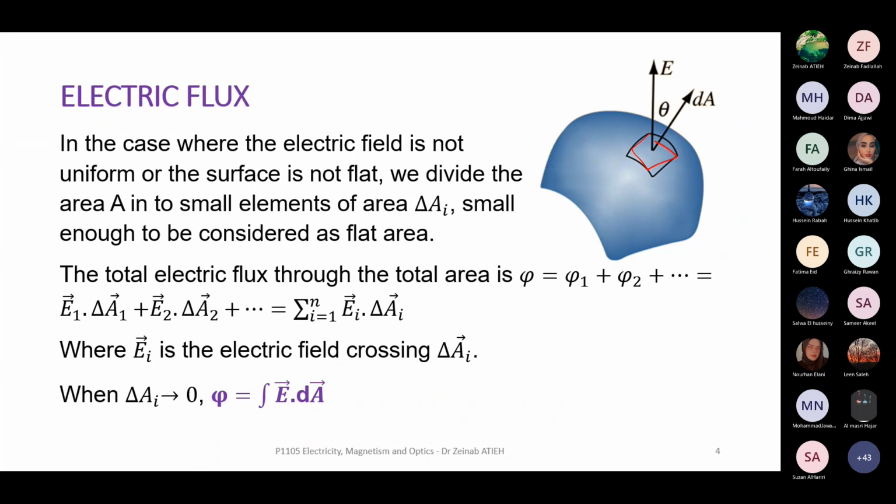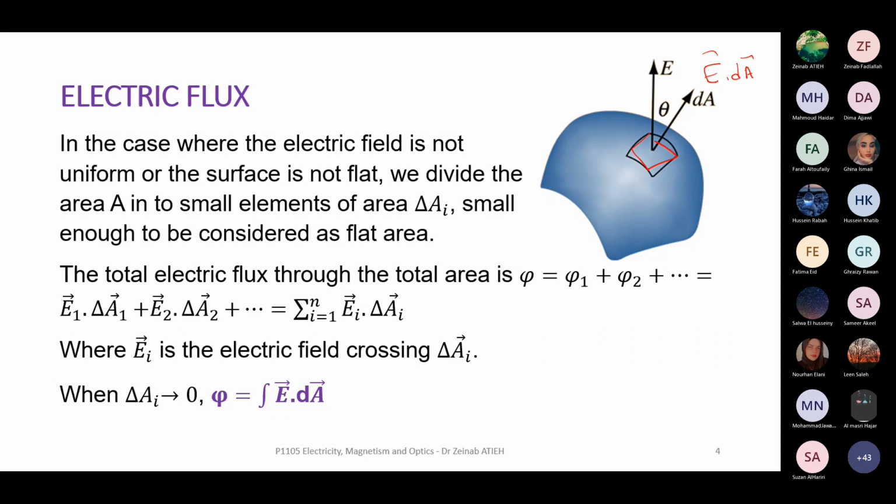So in this very, very small area, I can say that the electric flux is simply E dot dA. I have written it here as E dot delta A. Delta A means a small portion, but dA is an infinitesimal portion.